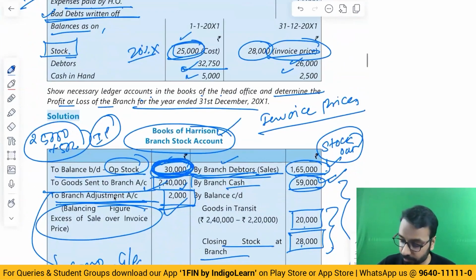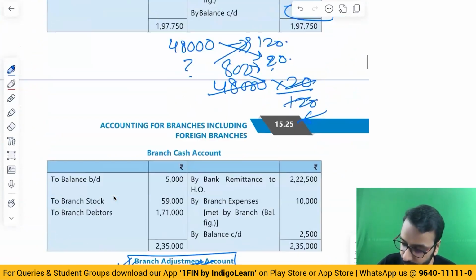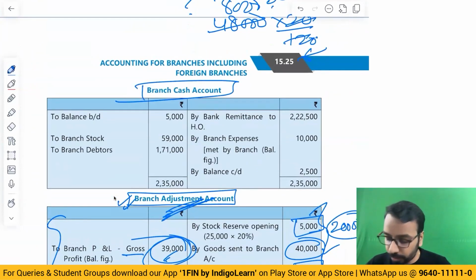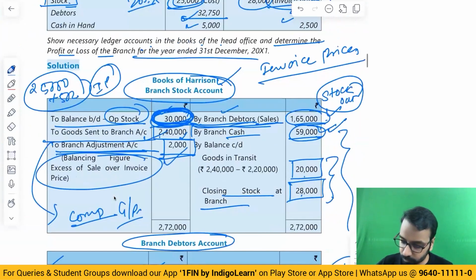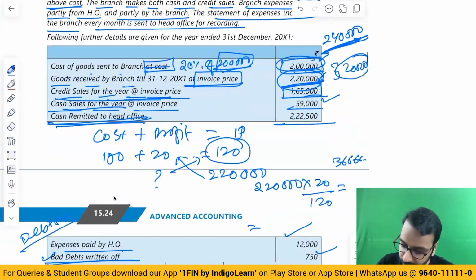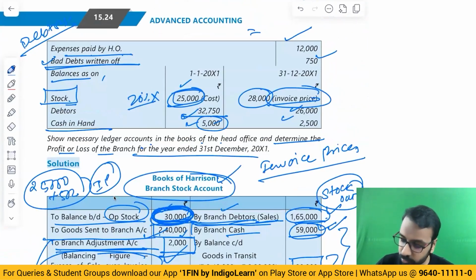Then, we need to also prepare the cash account. We have not prepared the cash account. So first we will prepare the cash account. Now, when it comes to the cash account, we have opening cash in hand 5,000, closing 2,500. There have been some collections from the customers. There have been cash sales and there have been invoice amounts which have been dispatched or sent to the head office.